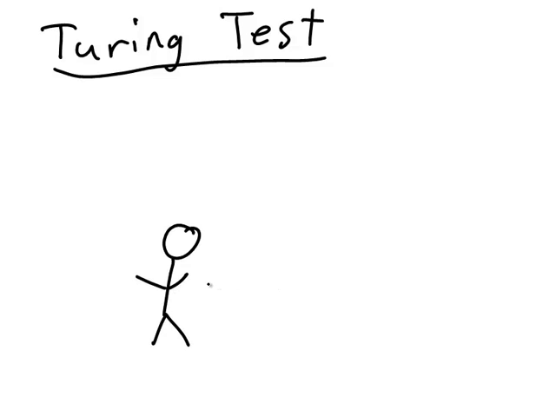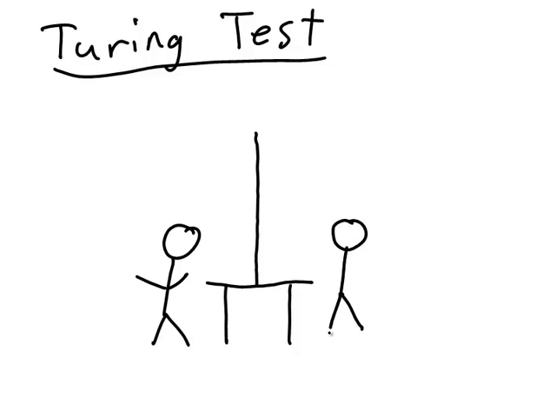A human subject would be brought into a room and would be placed at a table. And this table would have a barrier on top of the table so that the person cannot see what's on the other side of the table. On the other side of the table would be either another person or an agent, which in this case the agent is a computer.